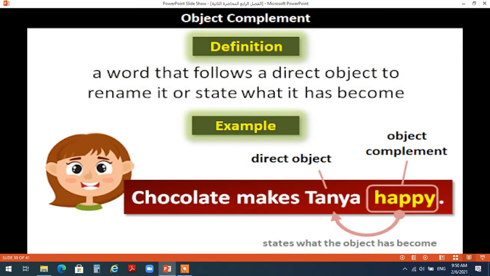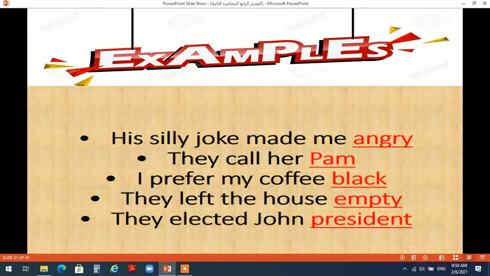إذن the verb makes هو complex transitive verb لأنه متبوع بالdirect object اللي هو تانيا، ومتبوع بما يسمى بالobject complement اللي هو happy لأنه يصف ذلك المفعول به. Examples to show you how object complements are being used. His silly joke made me angry.